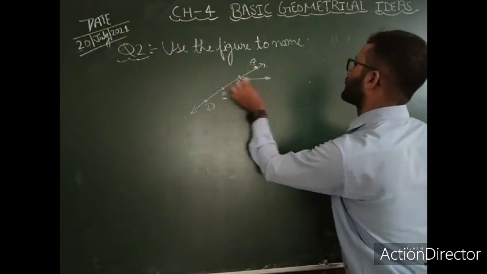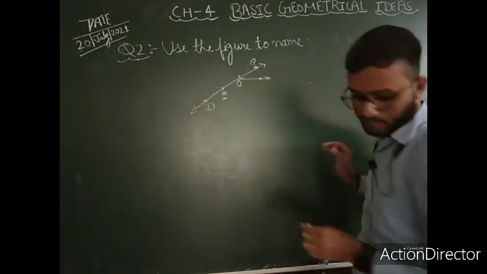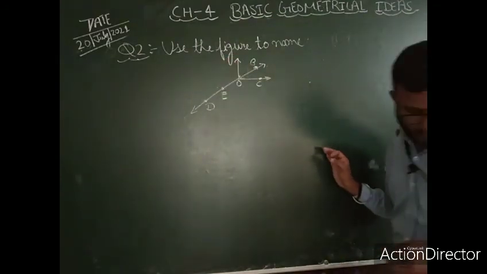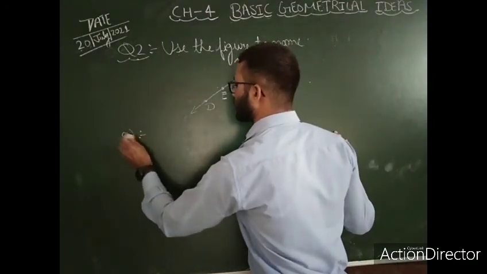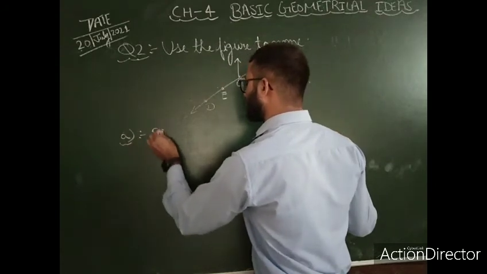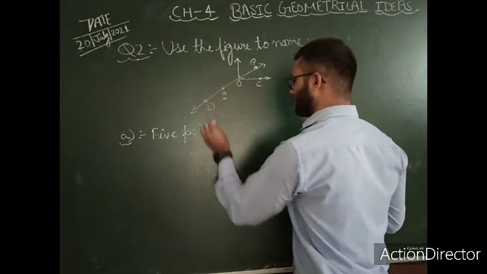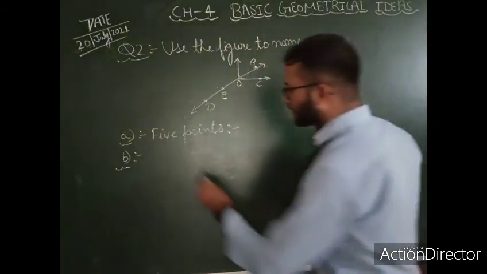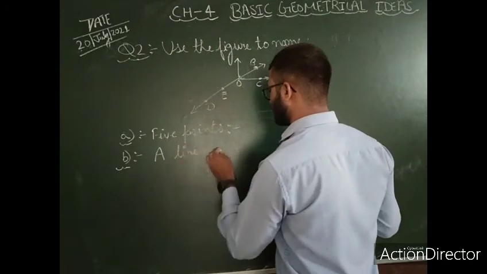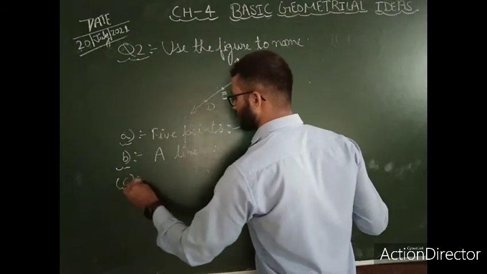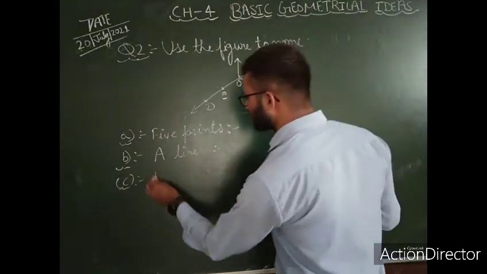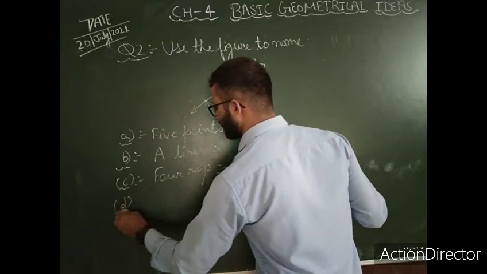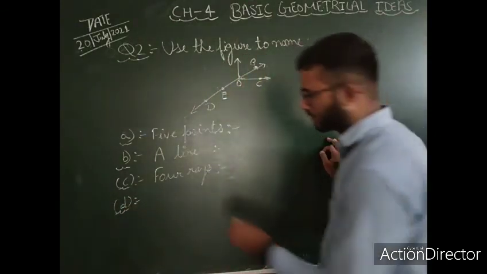Now there is one ray from this point O, and the name of this point is C. So now here we find five points, a line, four rays and five line segments.